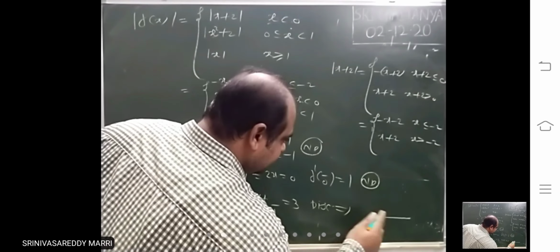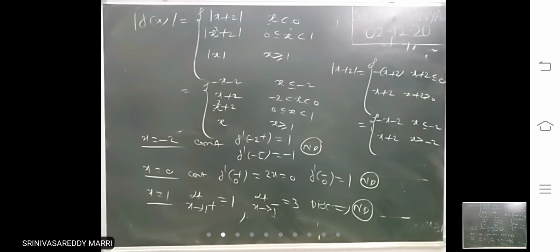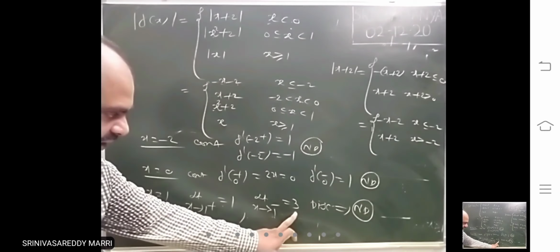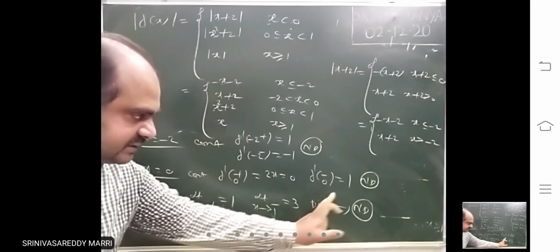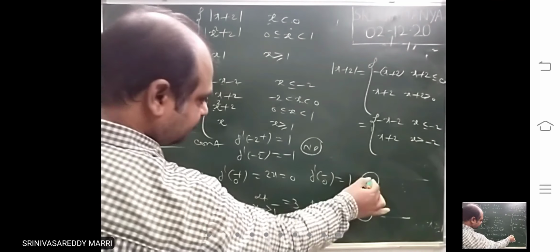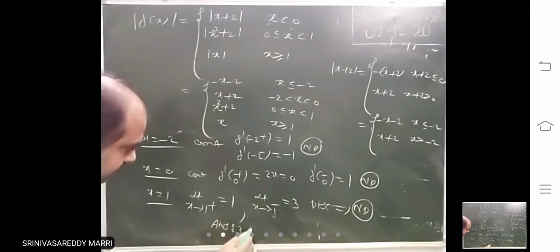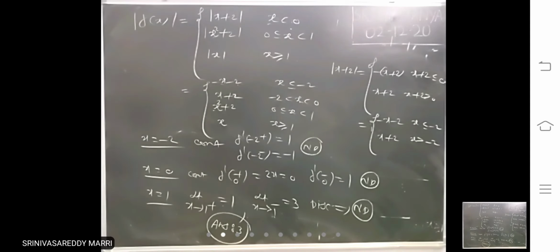If it is discontinuous, it is not differentiable. Discontinuous means both limits are not equal, that means not differentiable. So how many points are there at which it is not differentiable? 1, 2, 3. So the answer is: the number of points at which modulus f of x is not differentiable is 3.